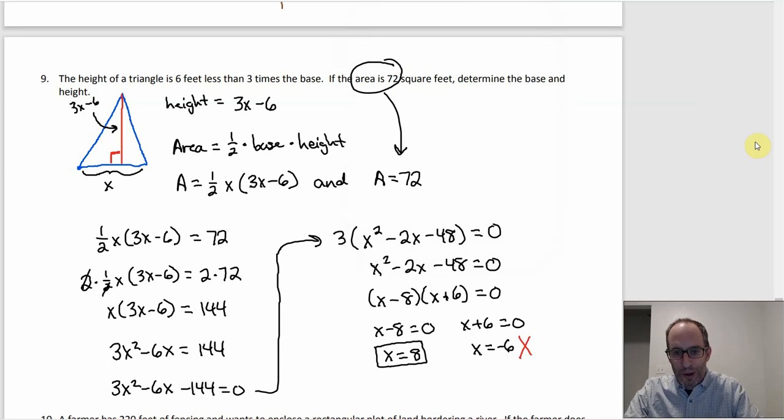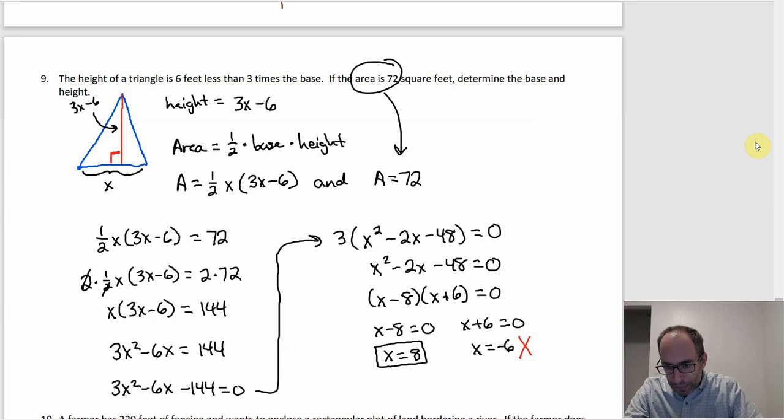Because this is a word problem, and these are lengths, right? Like the base and the height, those are lengths. So it's saying you have a base that's negative 6 feet long. That's not really a defined expression, right? What's a negative length? So that one we can't use.